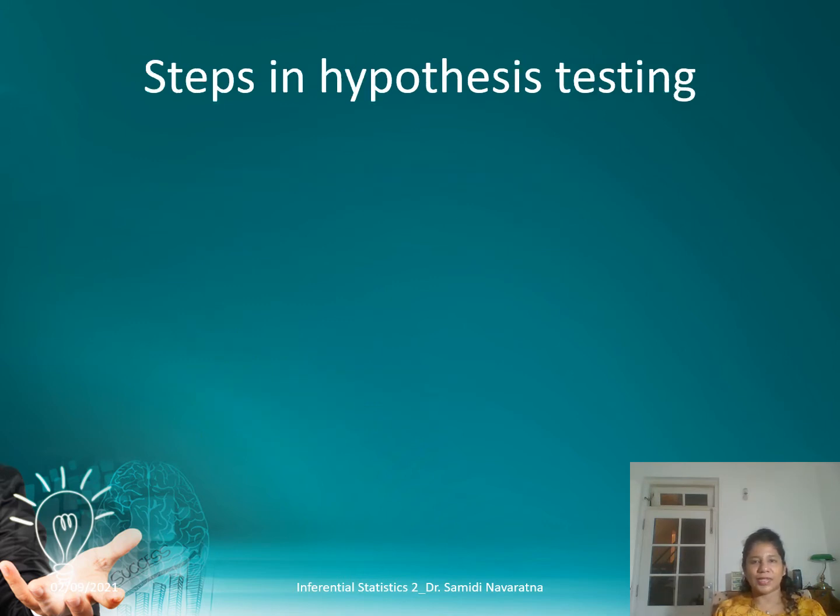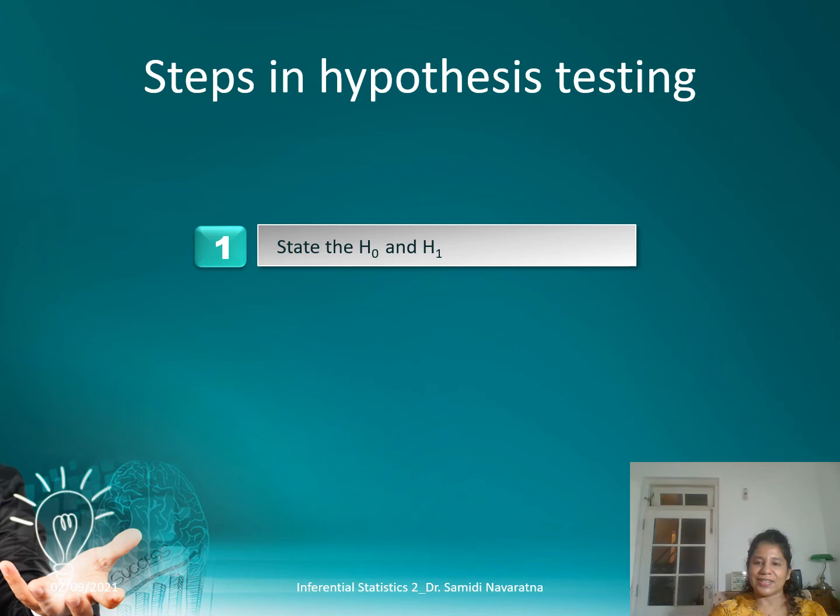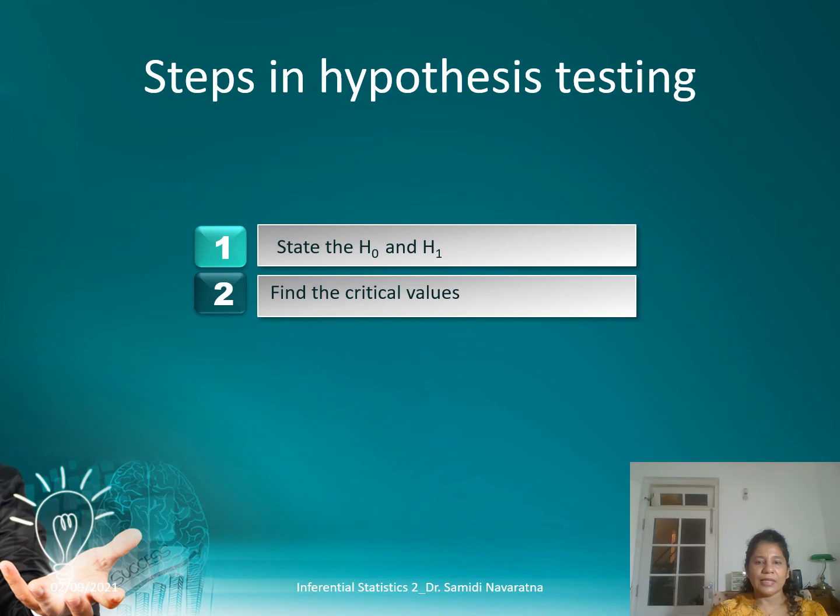So let me show you the steps you need to follow in doing a hypothesis test. Please follow this simple format when you are doing examples or your sums for your exams. The first step is to state the null hypothesis and the alternative hypothesis. Secondly, find the critical values. You can do this by referring to the respective statistic tables.